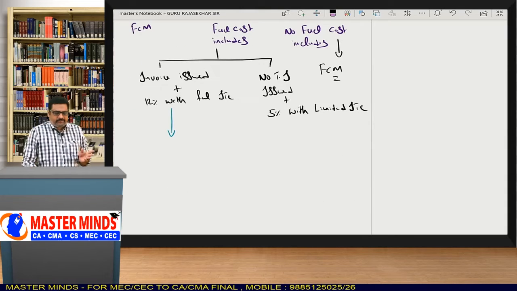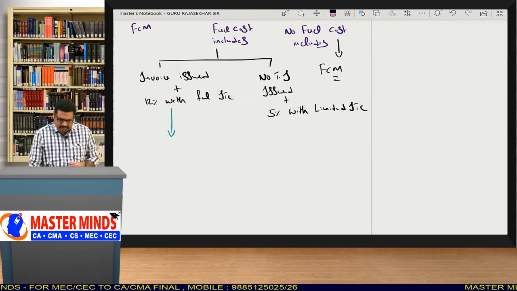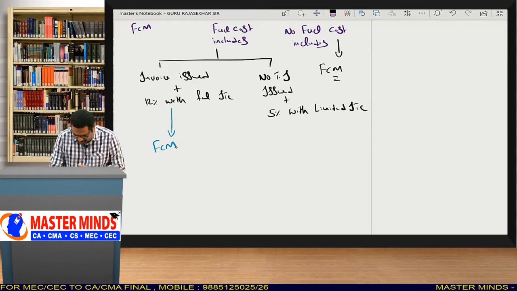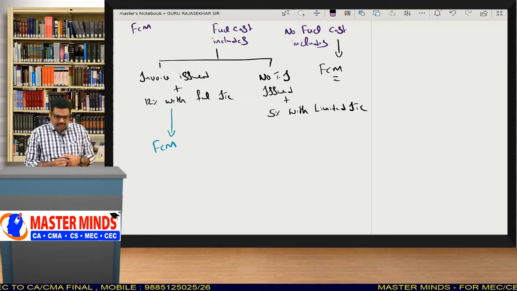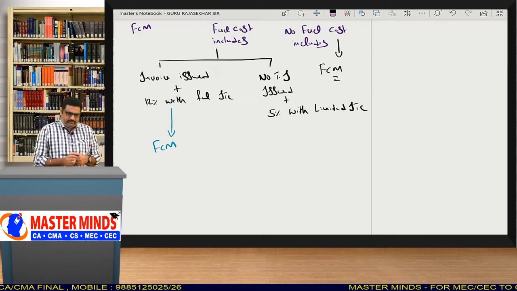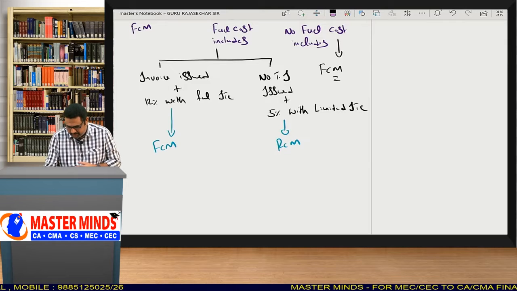So in this particular case, we will see if at all the invoice is issued with 12% tax rate, full ITC can be claimed, but it is covered under FCM. Whereas no tax invoice is issued and 5% with limited ITC is claimed, then only RCM is applicable.